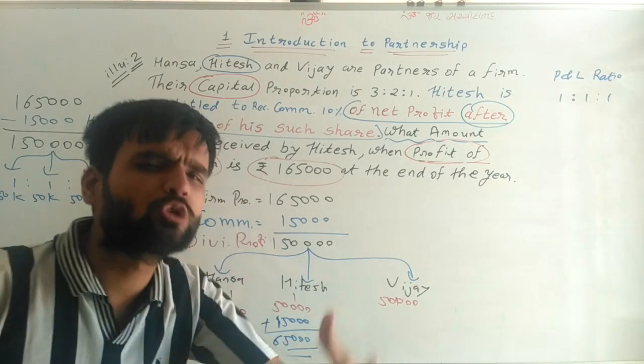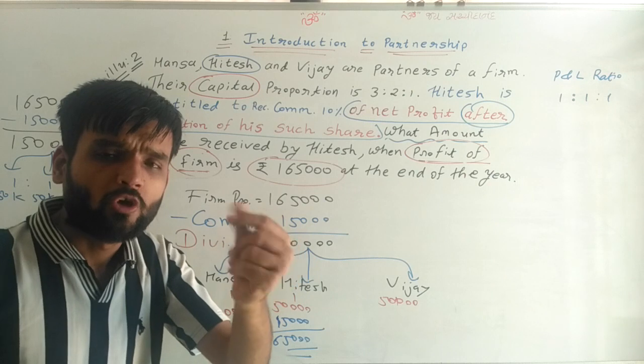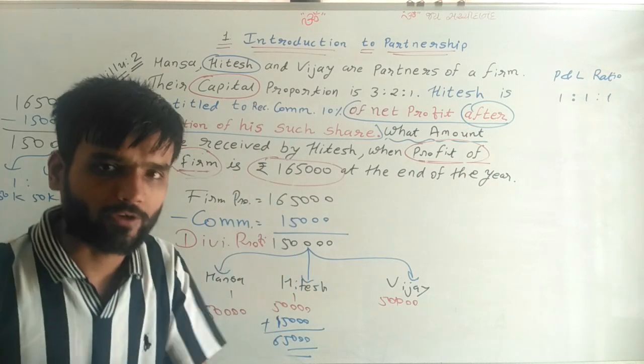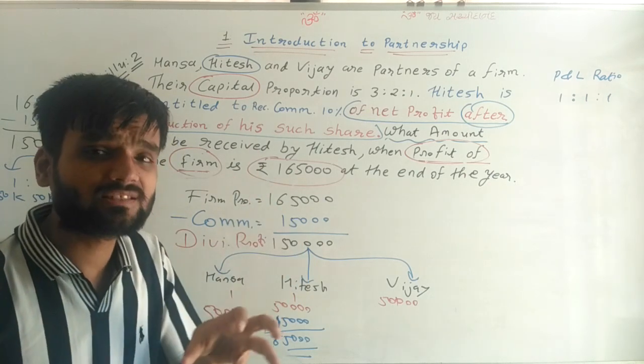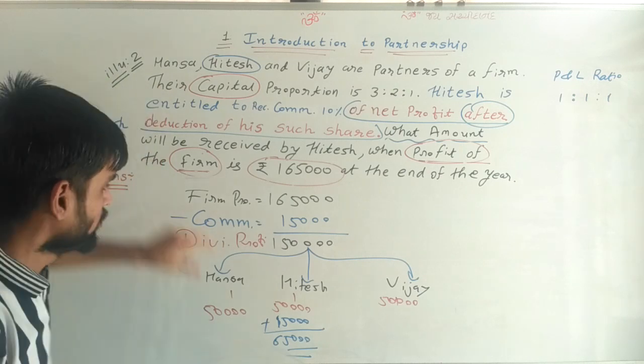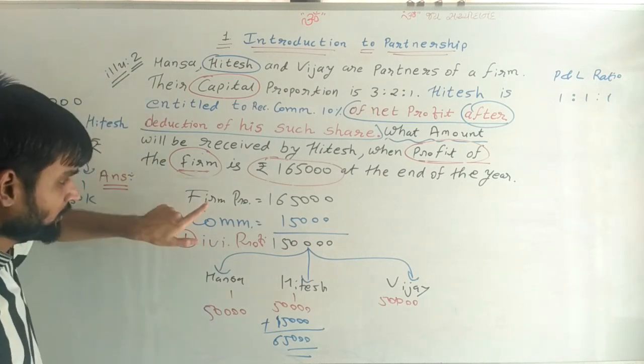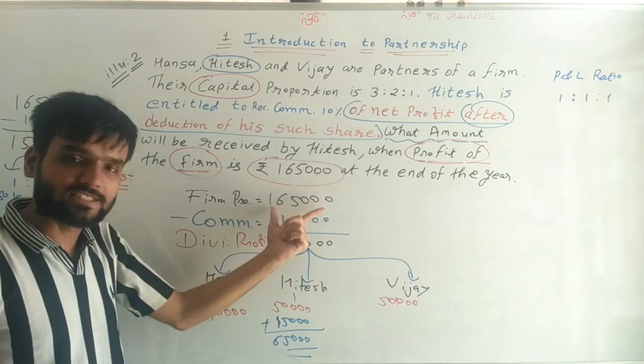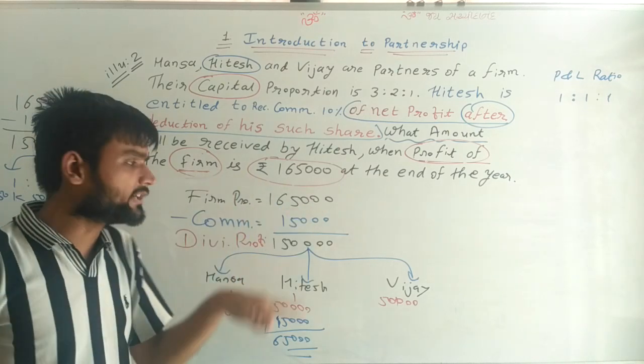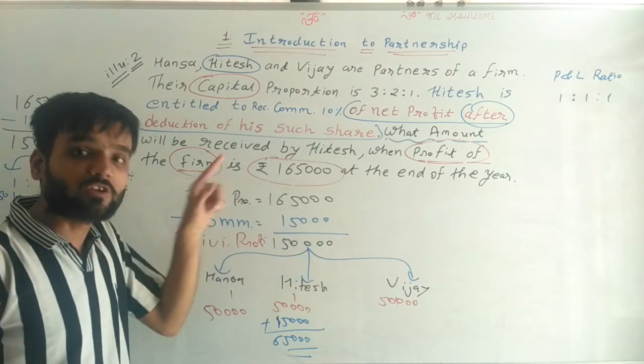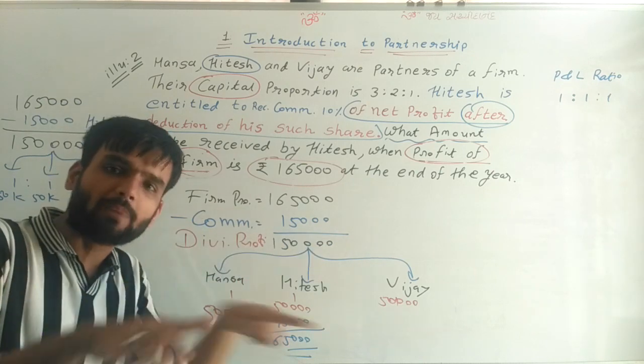But today what I need to clear to you is: which is the firm profit? What is the divisible profit? So sir, firm profit is 1,65,000. If we deduct commission, then after that we can distribute profit to the partners.